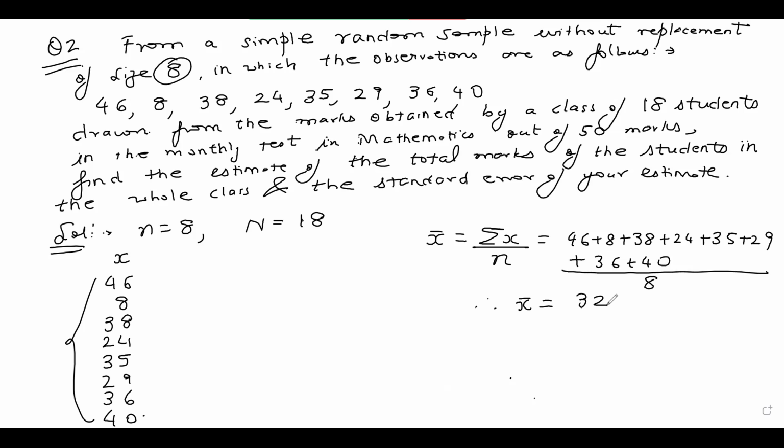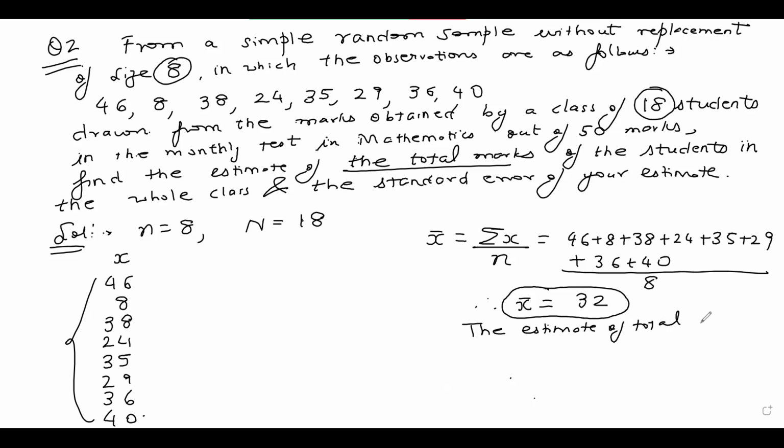Now, what is the estimate of the total marks? So I can write that the estimate of, this is the mean from the sample. If I multiply it by the population size, I get the total marks. The estimate of the total marks of the students in the whole class is N x bar.